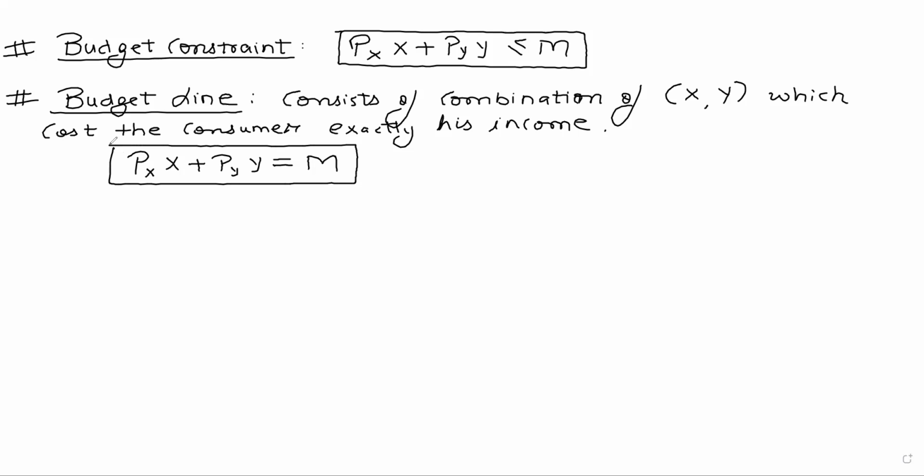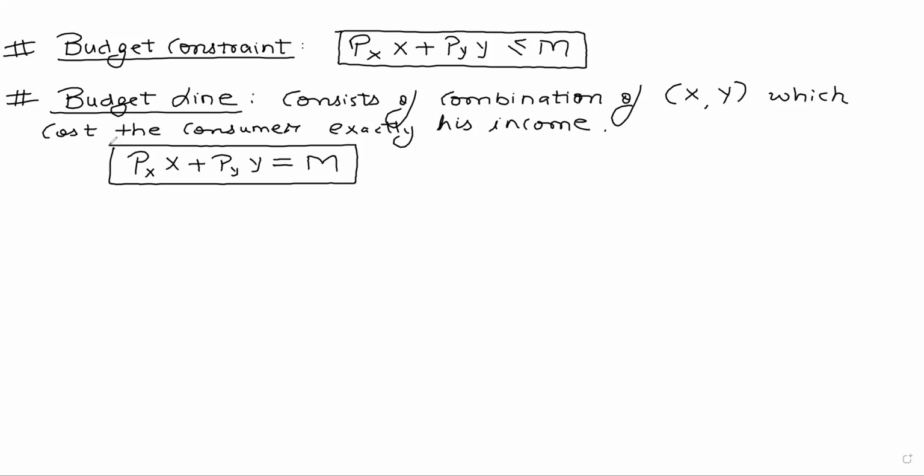So remember, you should understand what is the difference between a budget constraint and a budget line. A budget constraint is going to give you combinations of good X and good Y which cost you either less than or equal to your income, whereas a budget line will give you combinations of good X and good Y which will cost you exactly your income.